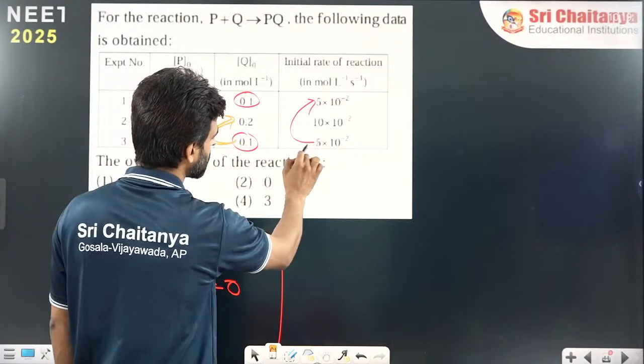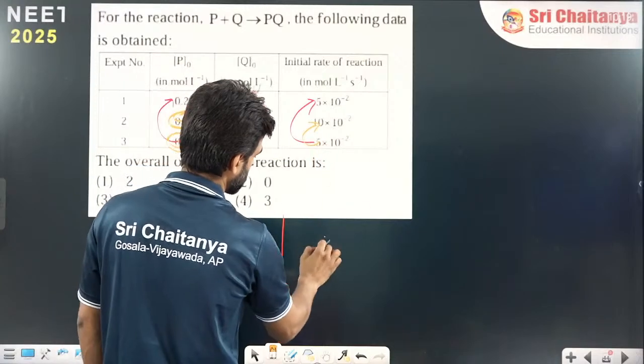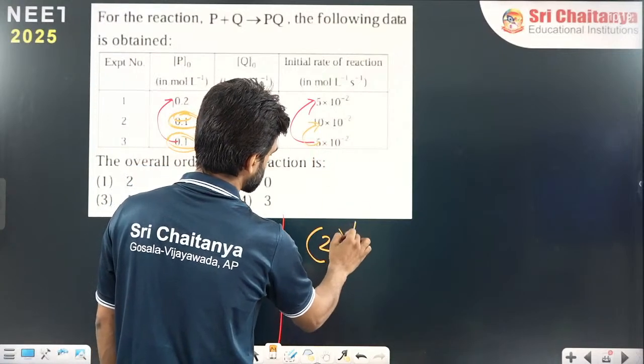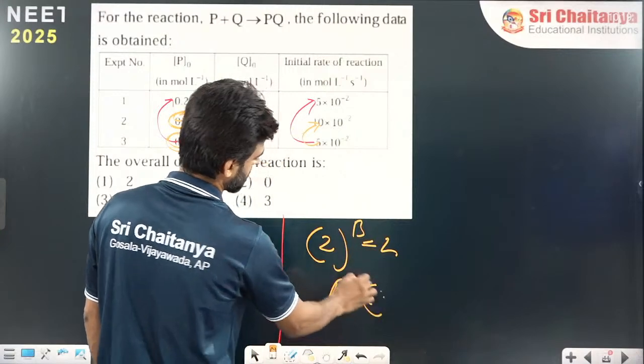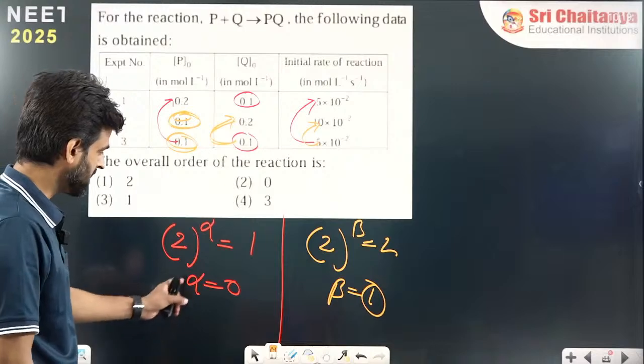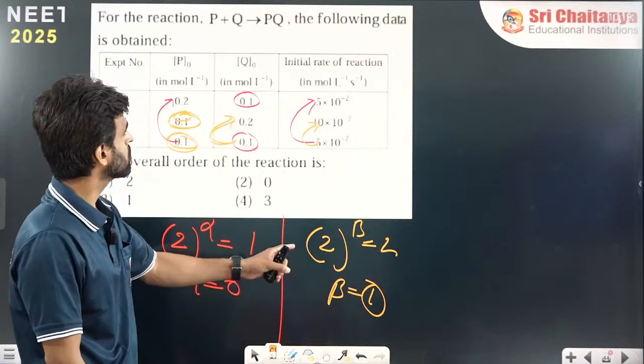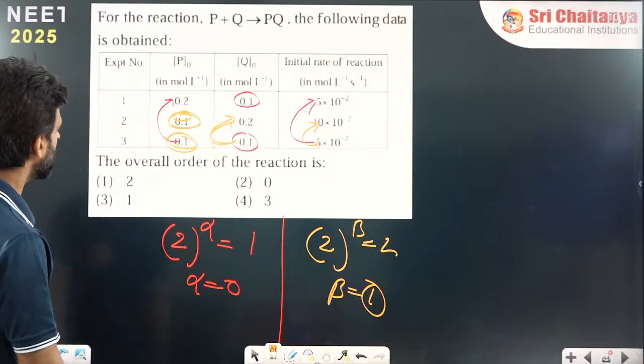On doubling the Q amount, rate becomes double. So from here I can say beta how much? 1. So P power 0 whereas Q power how much? 1.